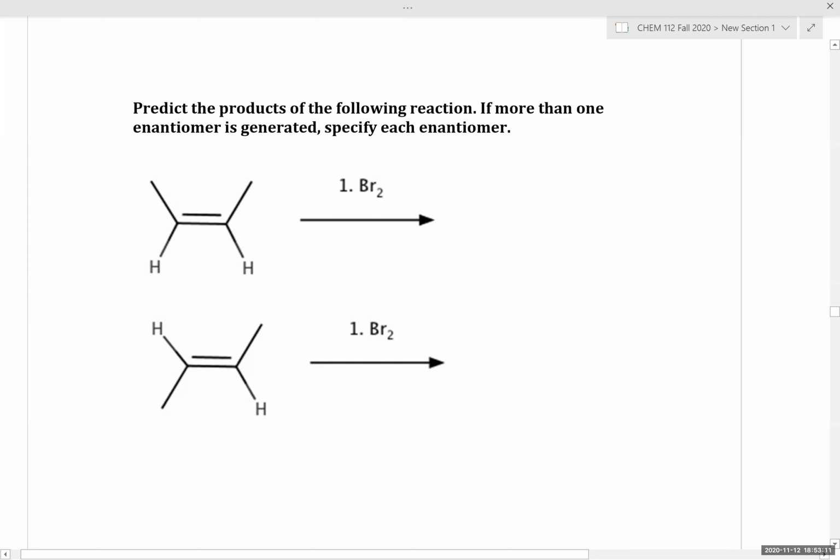So let's break out our model kit, and let's try to make a model for this first structure that we see here for this Z alkene.